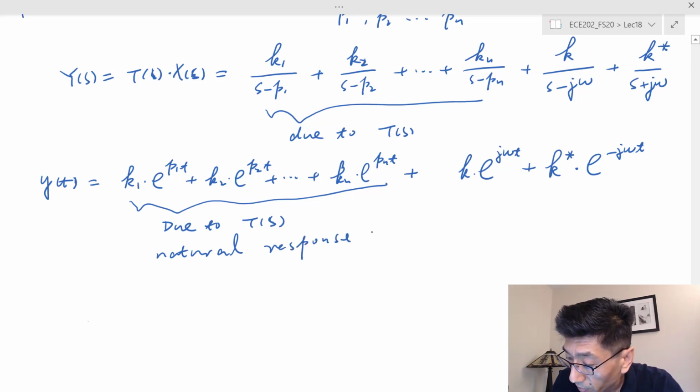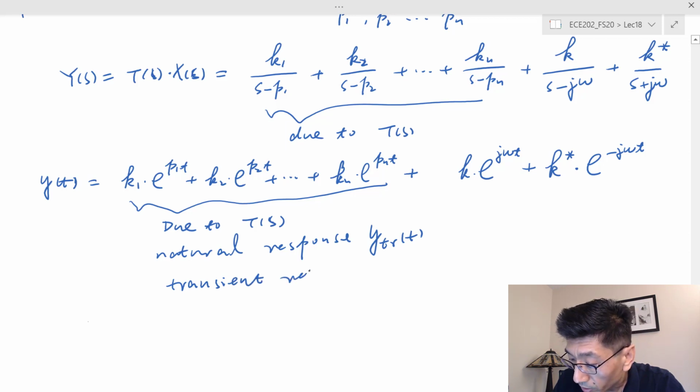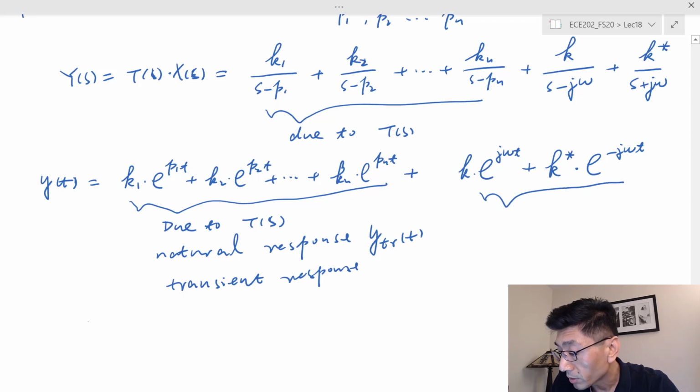Let's call it maybe y_TR(t), the transient, which is also called the transient response. And these two are due to X(s), and these are called the forced response.